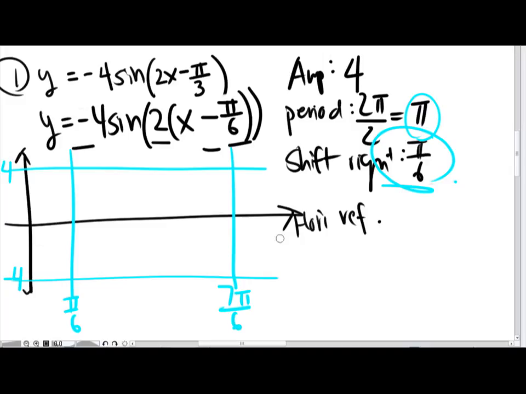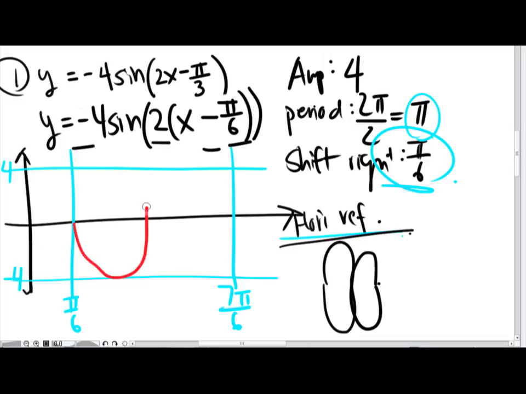And then we finally have a horizontal reflection. So our regular sine curve would be like that, but because we have a horizontal reflection, it would be like this. Okay. So our final curve would be something like that. That's one period of the sine curve.